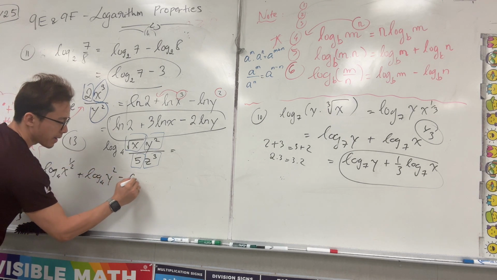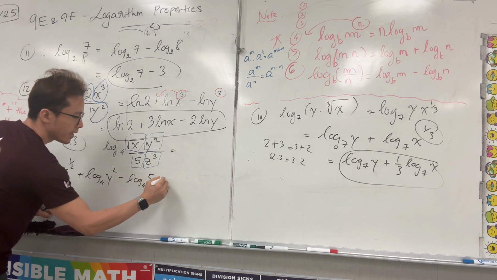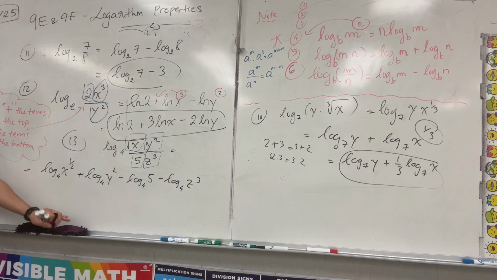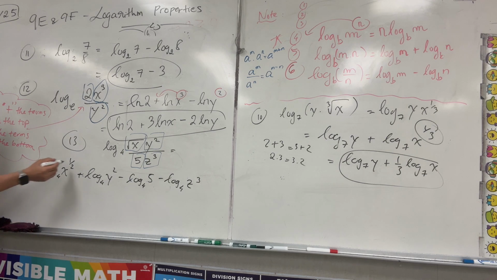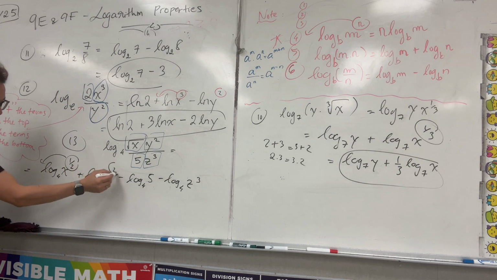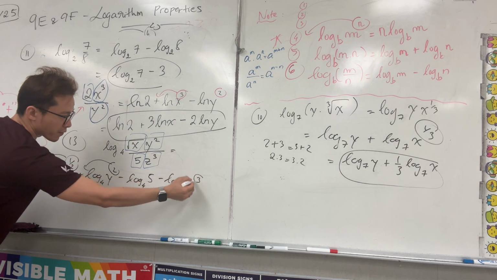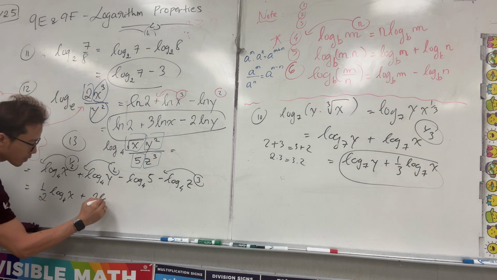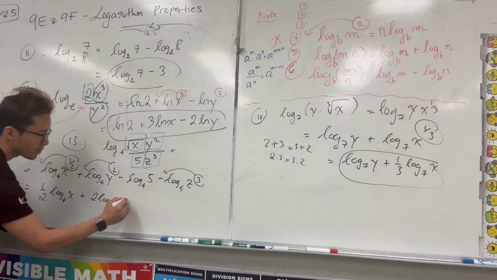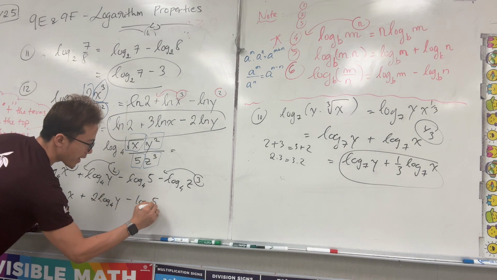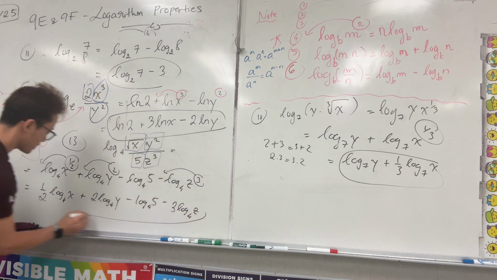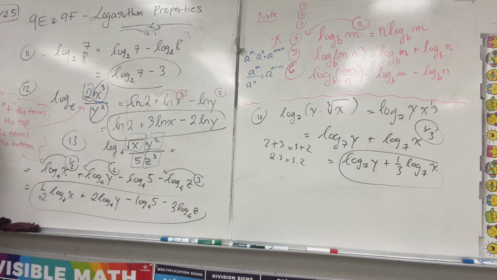So you're going to minus log 4 5, minus log 4 z cubed. And then just move all the power to the front. Okay, so you're going to have 1/2 log 4 x plus 2 log 4 y minus log 4 5 minus 3 log 4 z. That's it.